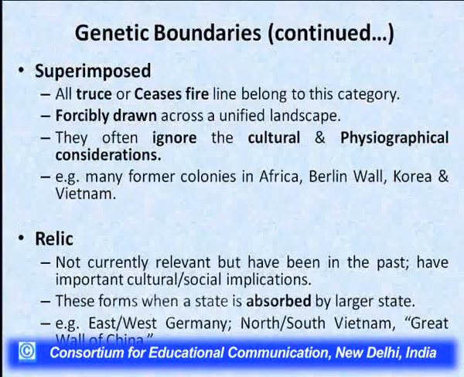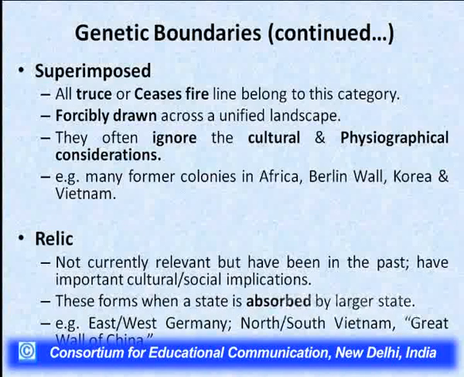We can see the example in North and South Korea and in North and South Vietnam, where these boundaries have been superimposed. The next type is the relic boundaries. They are not very important in present time, but in the past these were an important aspect for cultural and social implications.